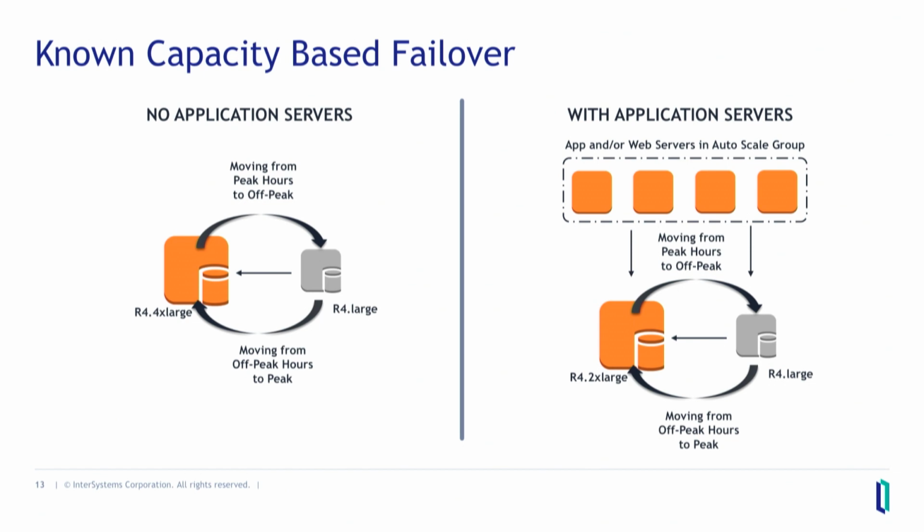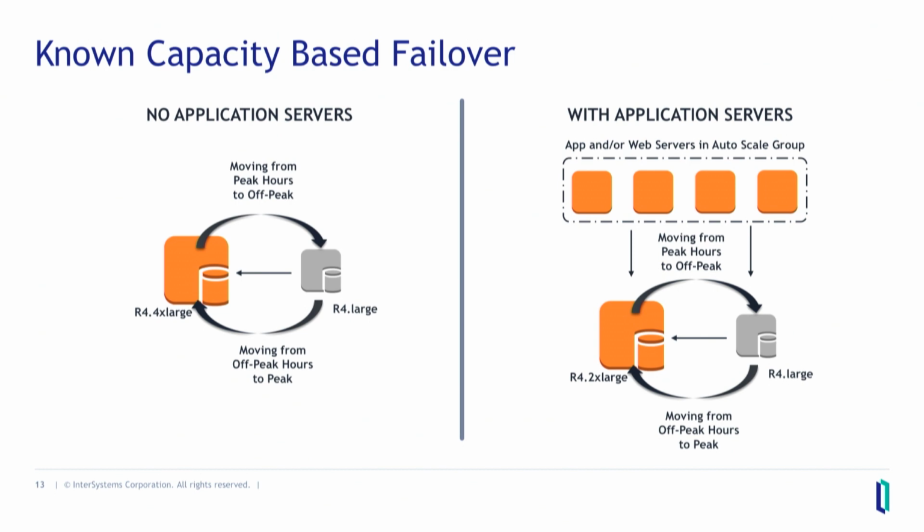And if you want to run the risk saying, well, just in case a failover happens, it may be rare, maybe common, it's up to you to decide, maybe you only want to run your mirror member as a smaller instance type. You can always change it later, or if you want to do this model, during the day both mirror members are running at the large size, so that way if failover occurs, you have the same capacity.